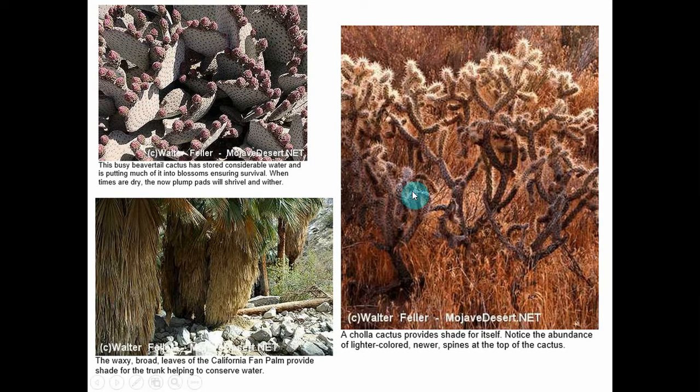If we have a look at this cactus over here, you can see this kind of fuzzy white stuff all over. Those are actually hairs, and those hairs are twofold. Number one, it provides some sort of shade by deflecting the light back.